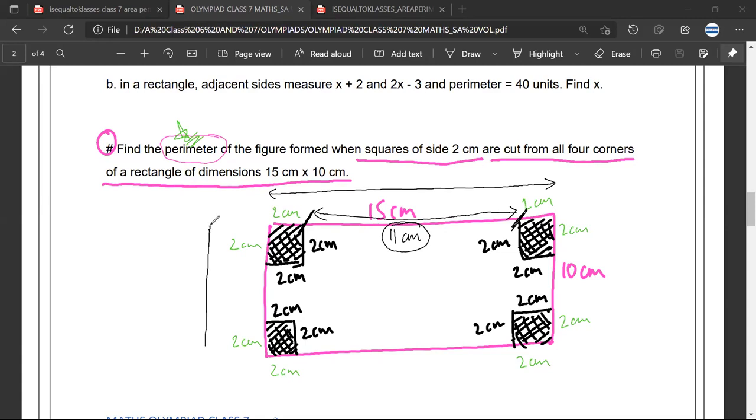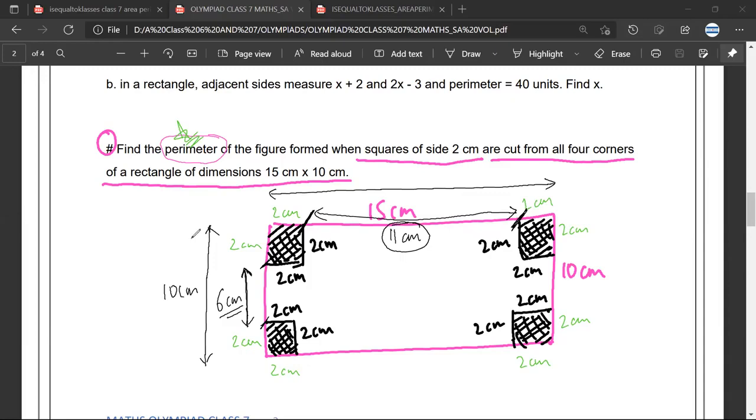Okay. Now, this total length from here to here is 10 centimeter. Because I have chopped off 2 centimeter from here and 2 centimeter from here, Mr. Sarthak, can you tell me what will be the length? 10 minus 4, 6 centimeter. Shabash. Are we clear till here? Yes, sir.